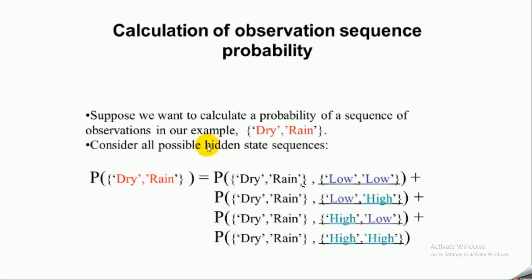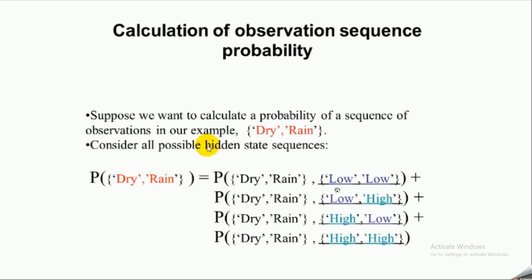So probability of dry rain, low low, plus probability of dry rain, low high, plus probability of dry rain, high low, plus probability of dry rain, high high.